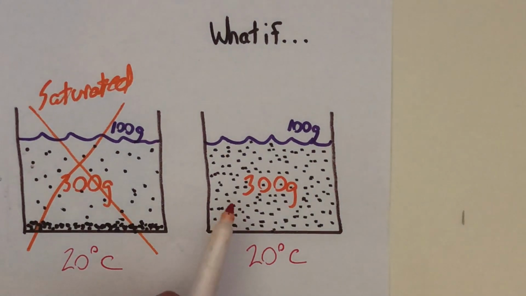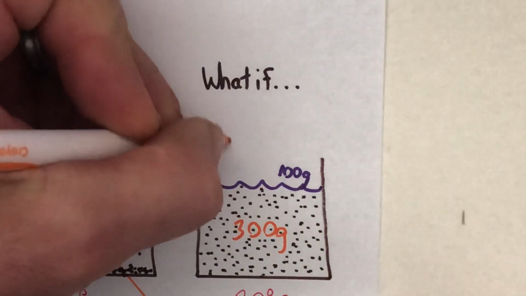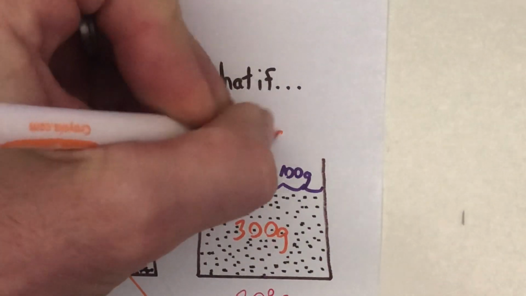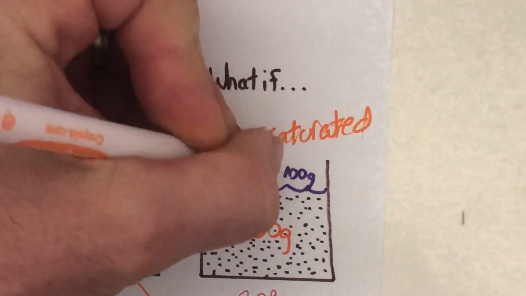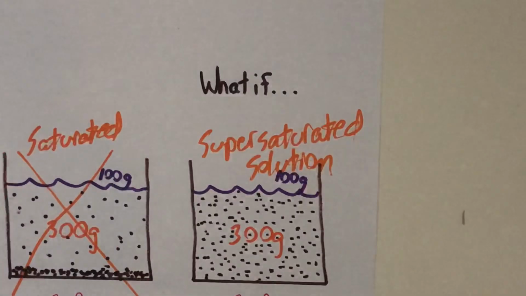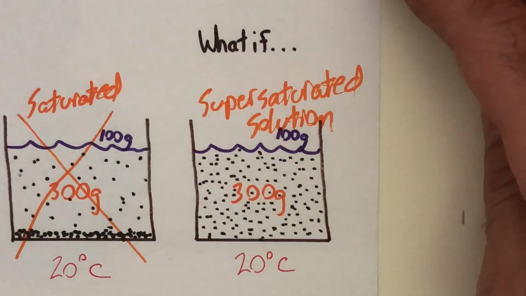It shouldn't be. It should only be 216 grams, but there's 300 grams dissolved in there. This is called a supersaturated solution. It's supersaturated because it has more solute than should actually be allowed to be dissolved.